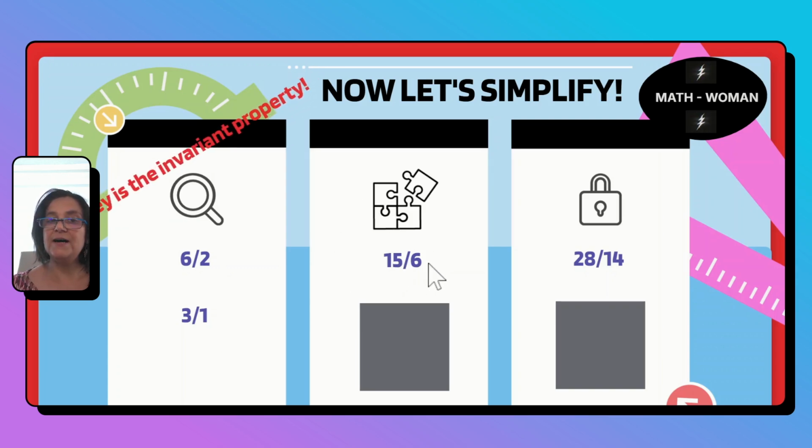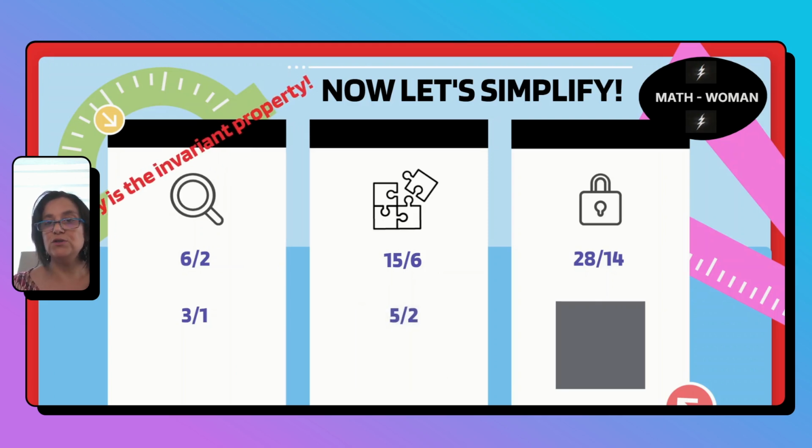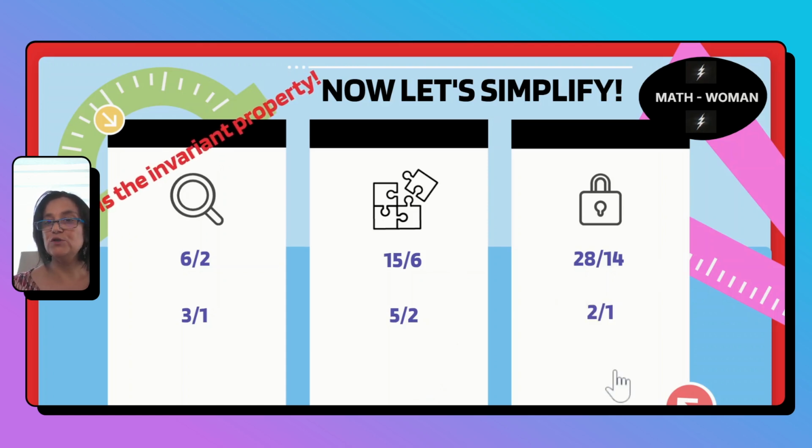We can divide numerator and denominator by 3. So it equals 5 over 2, because 15 divided by 3 is 5 and 6 divided by 3 is 2. Let's simplify also 28 over 14. It is the number 2, because 28 divided by 14 equals 2.